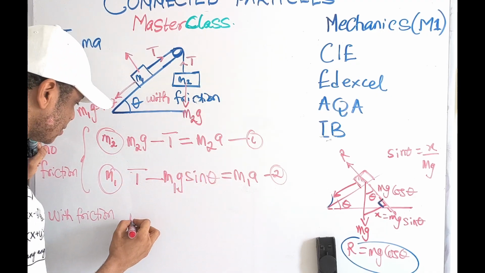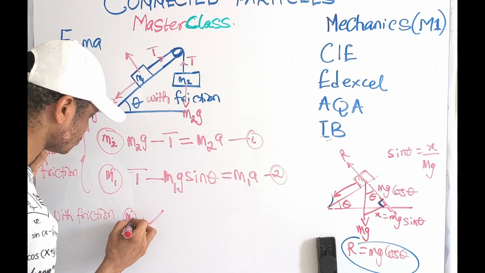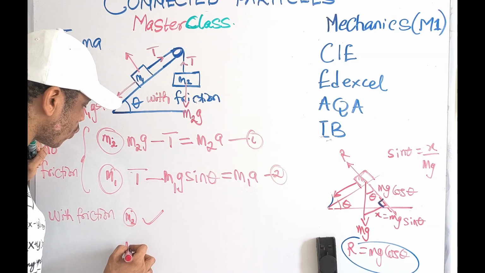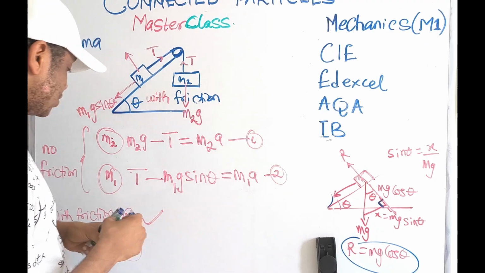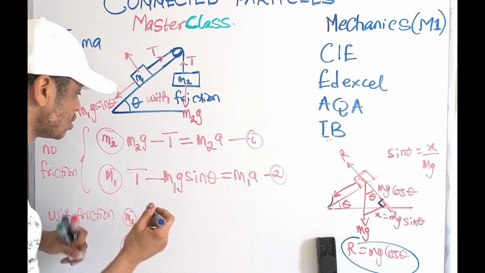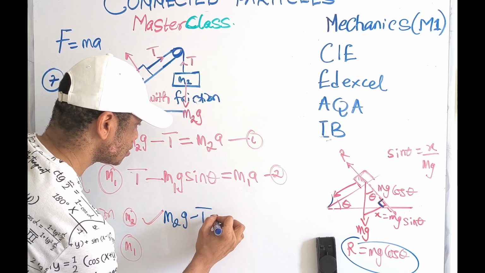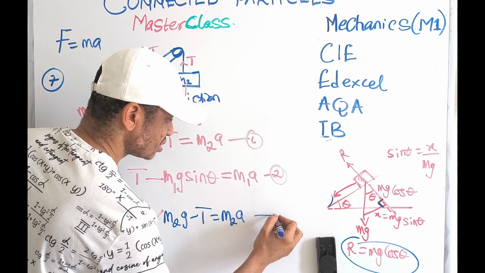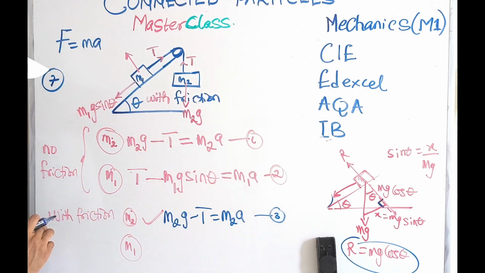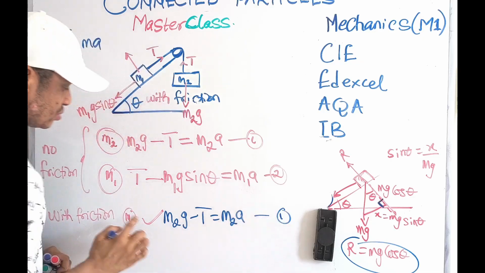So equation 1 is still there, M2 is still the same, but M1 will change. With friction, I'll just write it so that you don't get confused. This is M2g minus T is equal to M2a. I'll just call this 1 with friction.